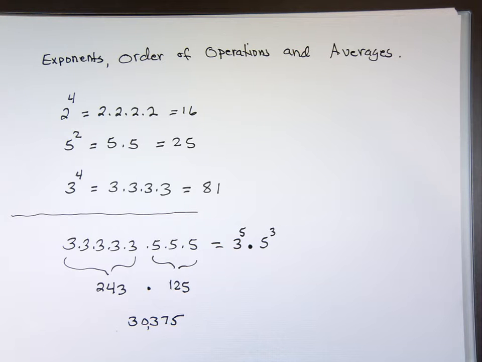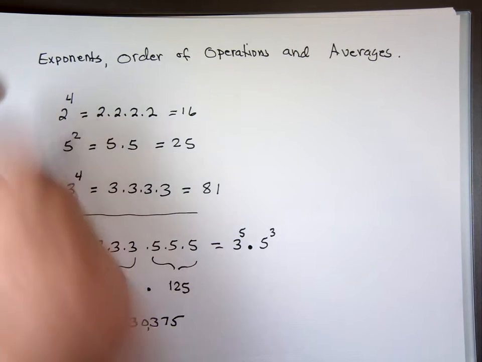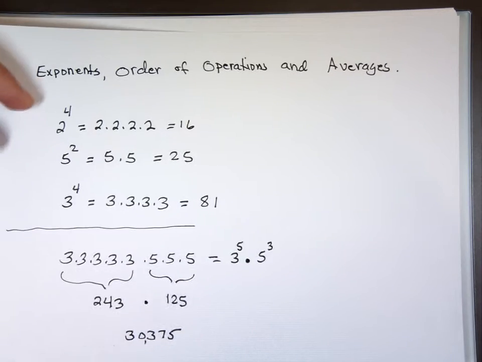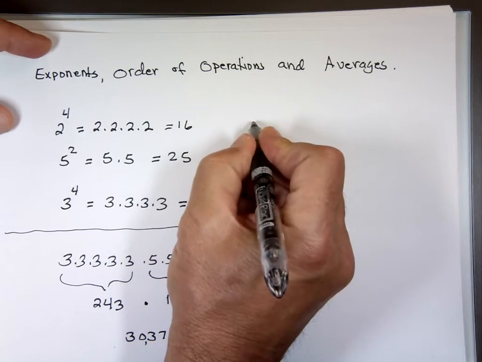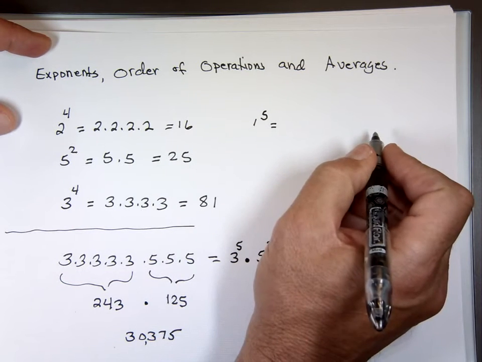Now, the reason we're looking at that is because of the order of operations. Now, let's look at order of operations. So that's exponents. By the way, before I go to order of operations, if I said to you, what is 1 to the power of 5? 1.